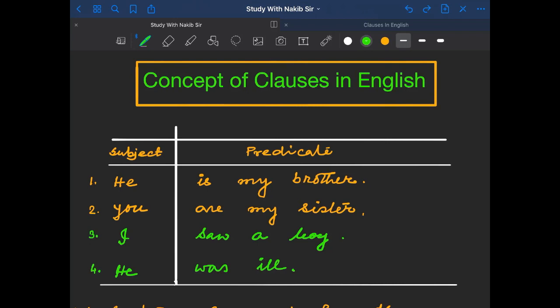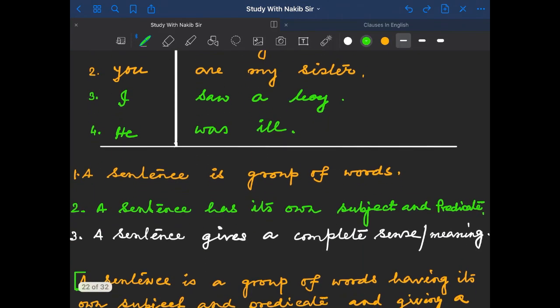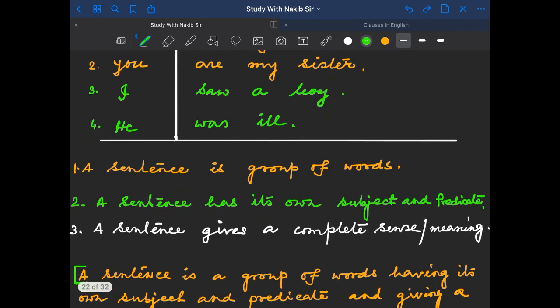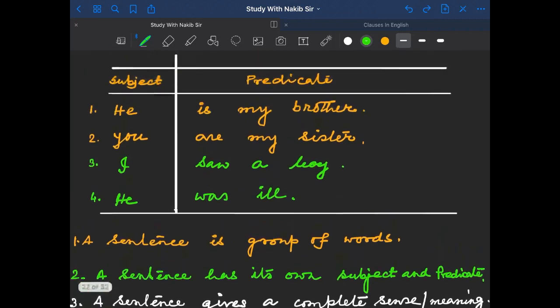You know, these are sentences, right? But why? Number 1, each sentence is a group of words. Number 2, a sentence has its own subject and predicate. Each sentence has its own subject and predicate.